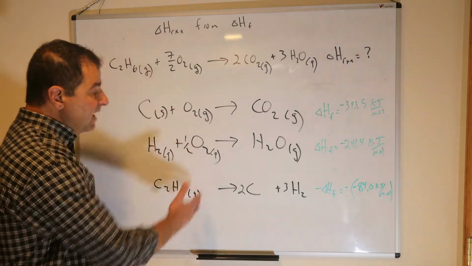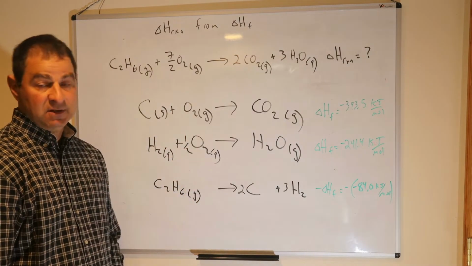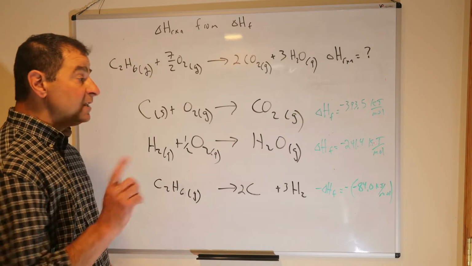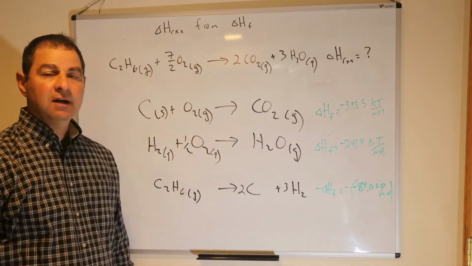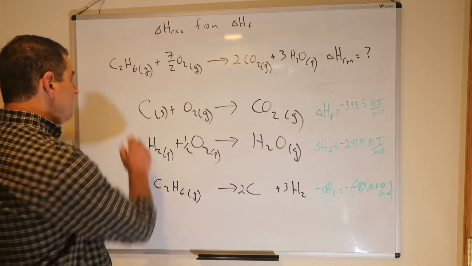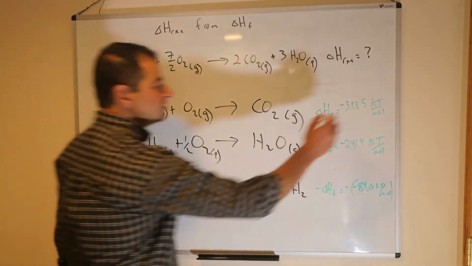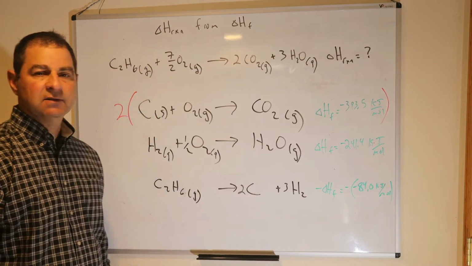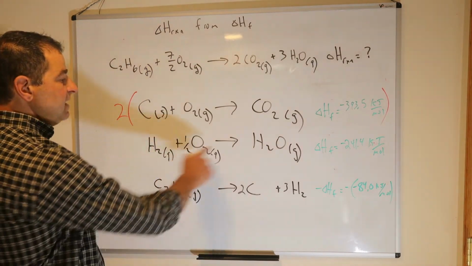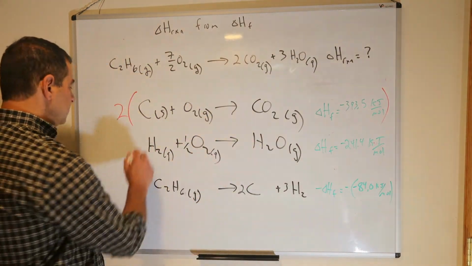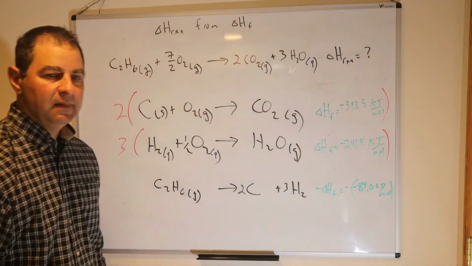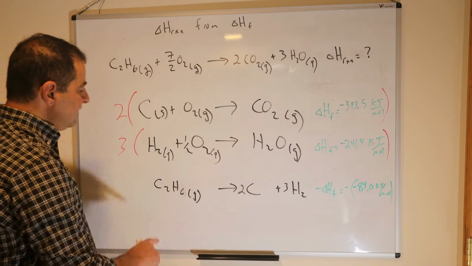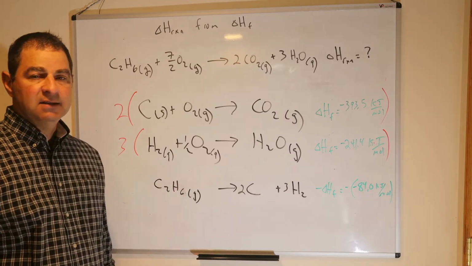I can now combine my reactions, Hess's law, to see if I can come up with my net reaction. But in order to do that, I need to notice, in my net reaction, I need 2 carbon dioxides. So I need to go ahead and do this reaction twice. I need 3 waters, so I need to do this reaction 3 times. And I need to do the ethane only once, so I don't need to do anything to that.